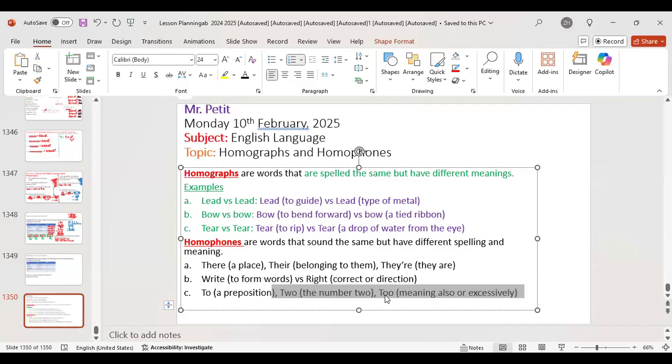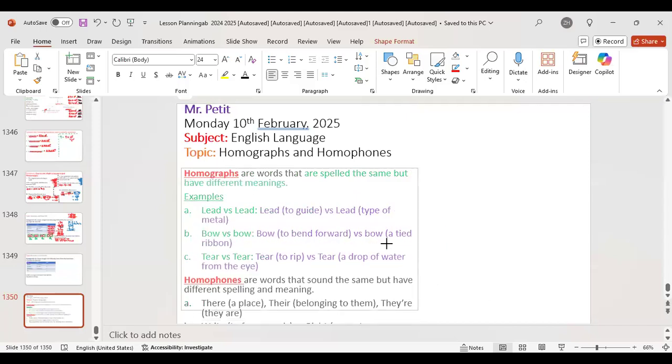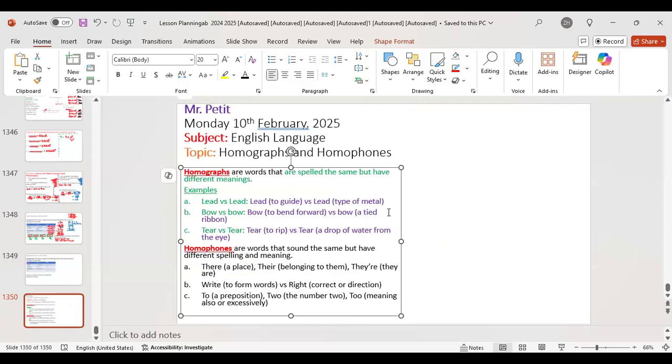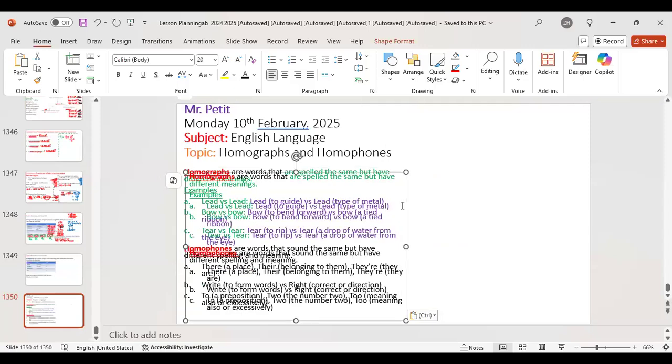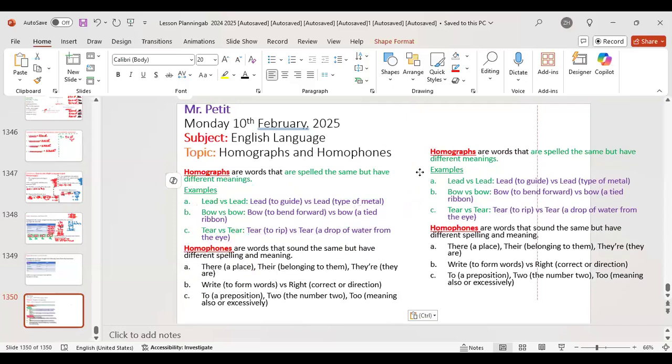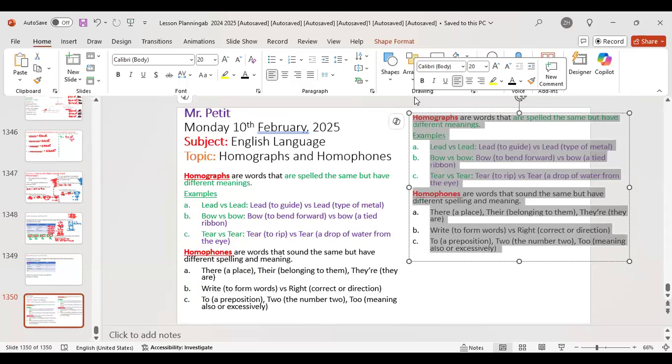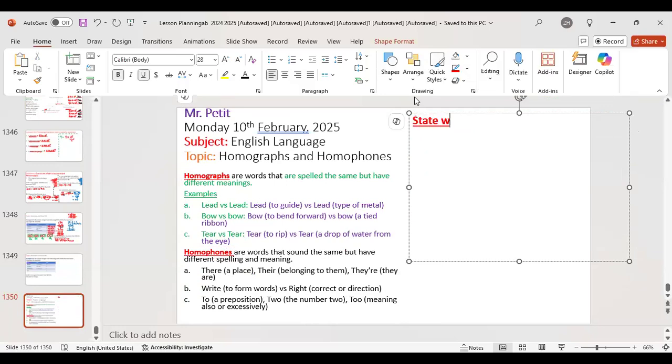All right, so determine whether each pair of words are homographs or homophones.